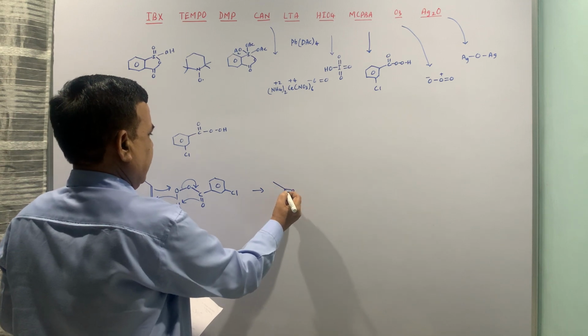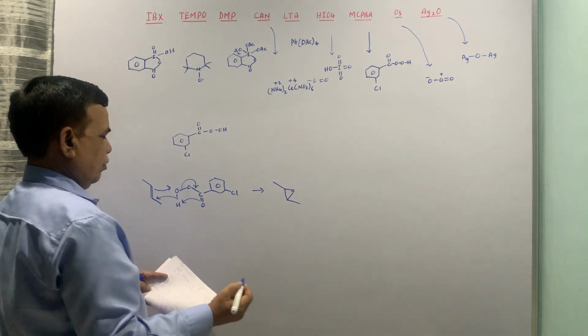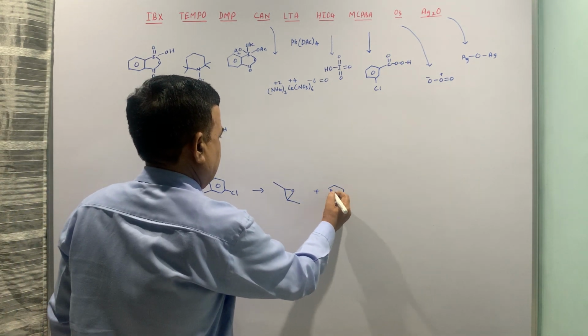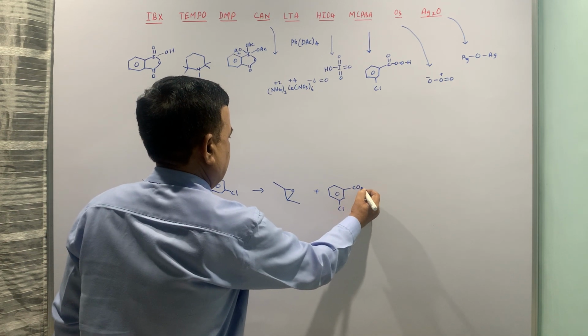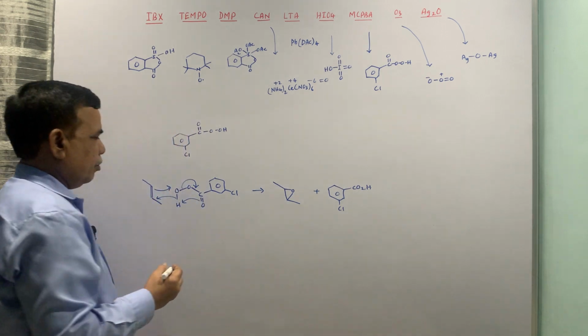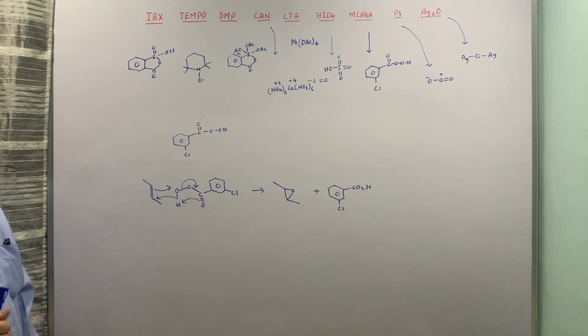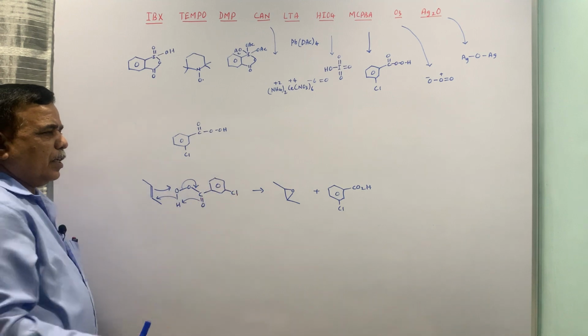These two are anti, so the hydrogens are also anti. So that is written, and the peracid becomes acid. So metachloroperbenzoic acid becomes benzoic acid, and this is losing one oxygen, that means it is undergoing reduction.